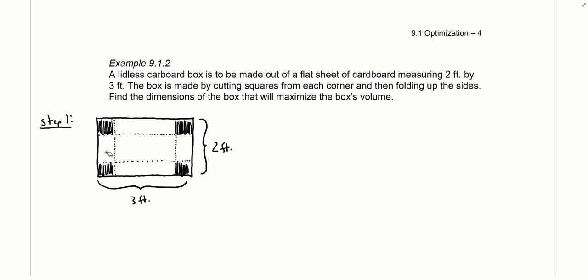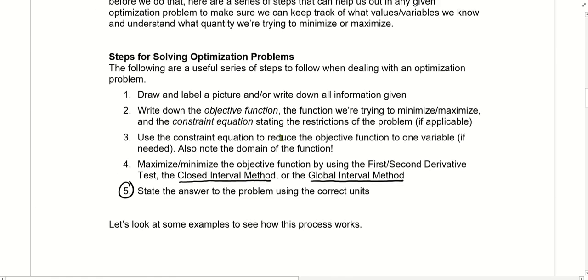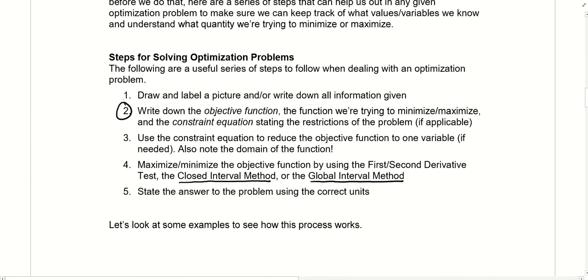So here's my picture. I might add some more to this in a second once I figure out exactly what I need to do here in step 2. So I'm going to go ahead and put step 2 just to the side here, just because this one's going to take a little bit more writing. So step 1 is my picture. Step 2 is where I state my objective function and any constraint equations.